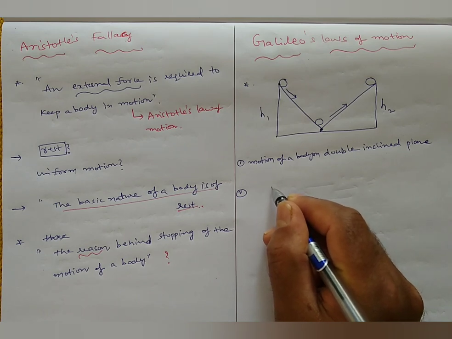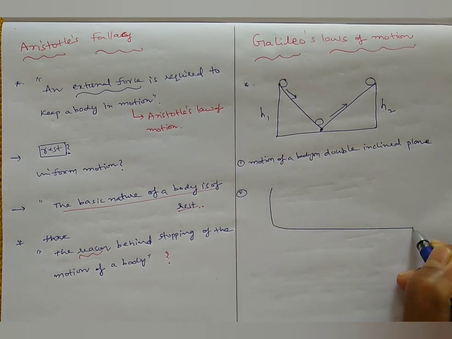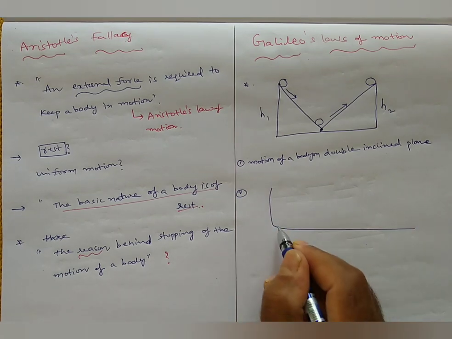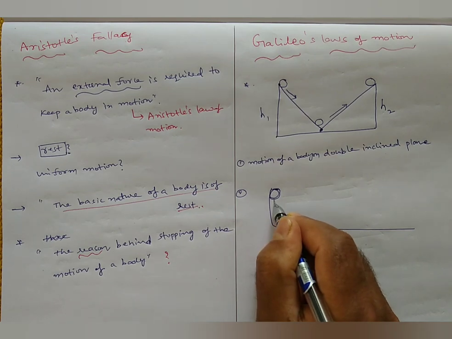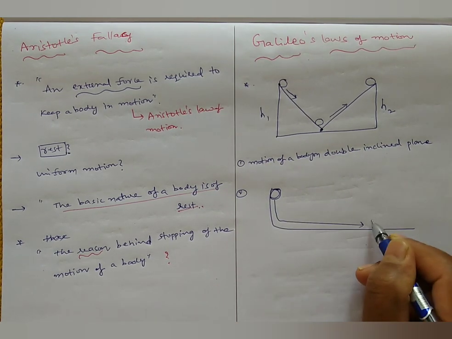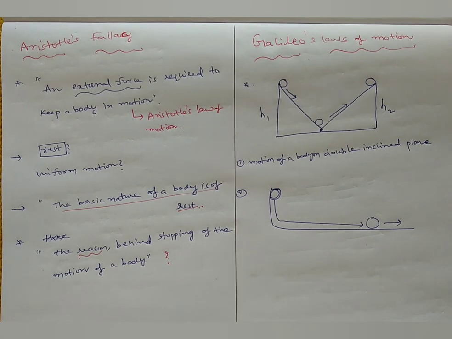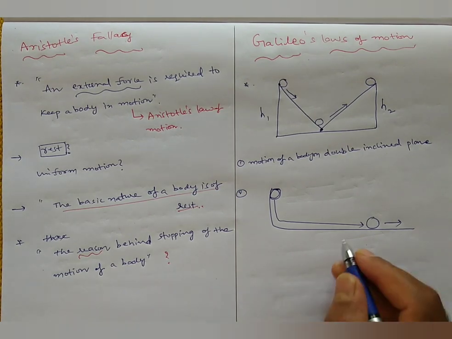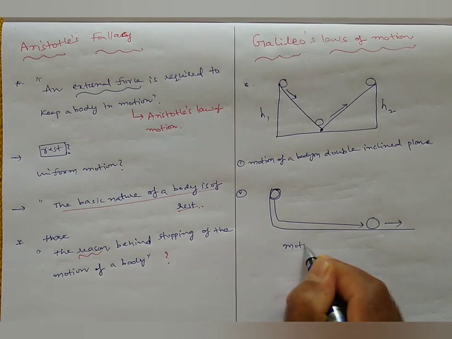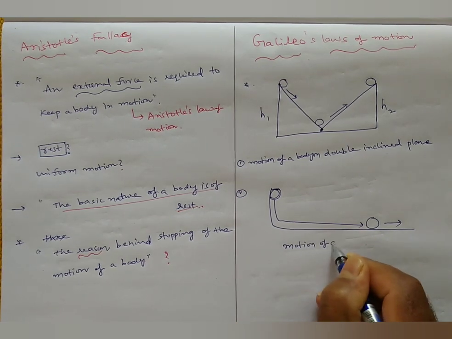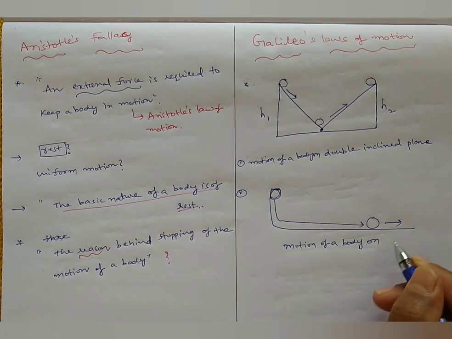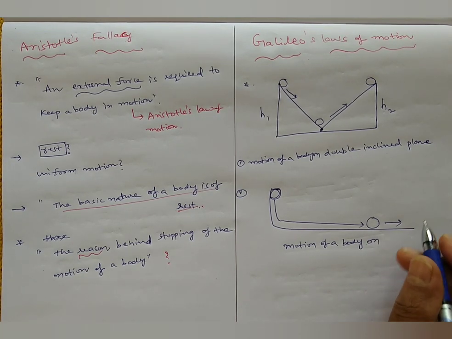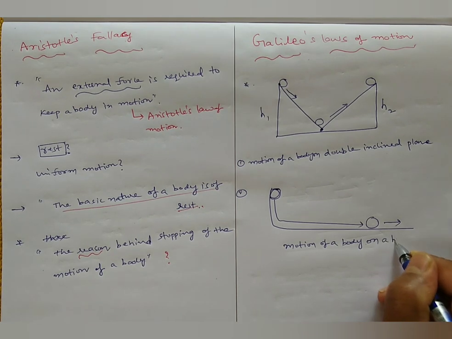So this is the horizontal plane, and one object is released here, then it travels in this direction. This is called the motion of a body on a horizontal plane.